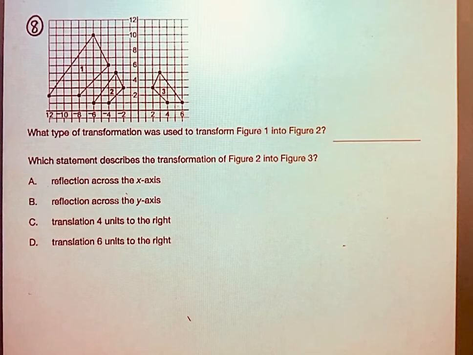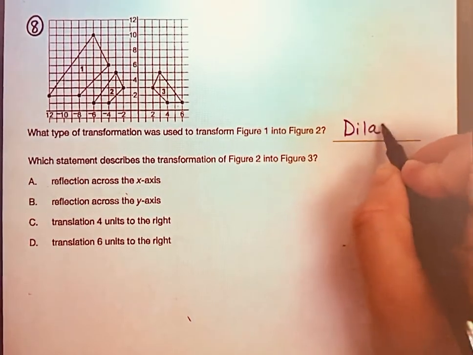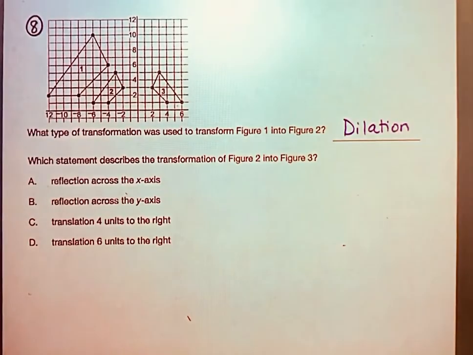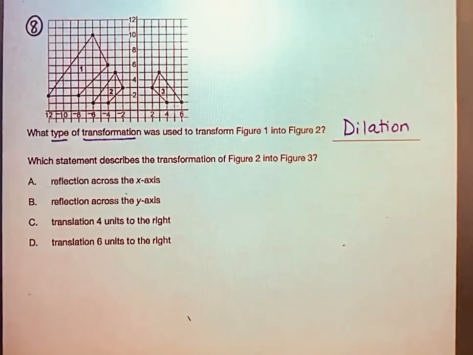Which one would change the size of object 1 to object 2, make it smaller? And the answer there is a dilation. They're not asking you for specifics there. They just want to know what type of transformation was used to transform figure 1 to figure 2.